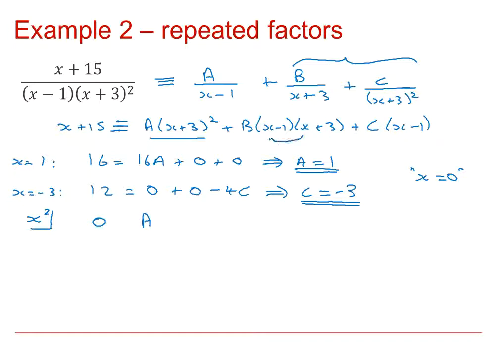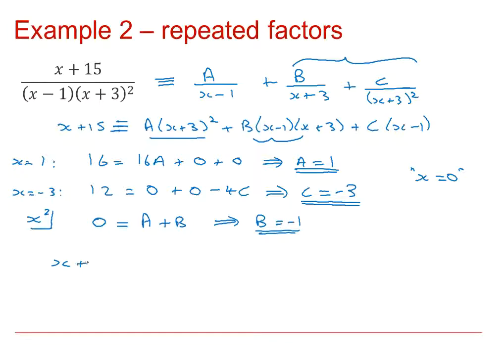And if I expanded this bracket here, I would have b lots of x squared. So the a plus b x squareds on the right have got to be the same as the 0 x squareds on the left. So that's called comparing coefficients of x squared. And therefore, b must be the negative of a, minus 1.